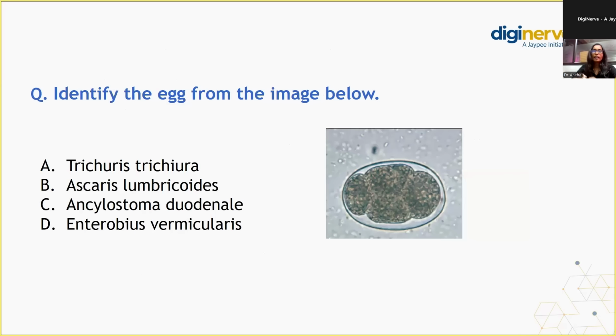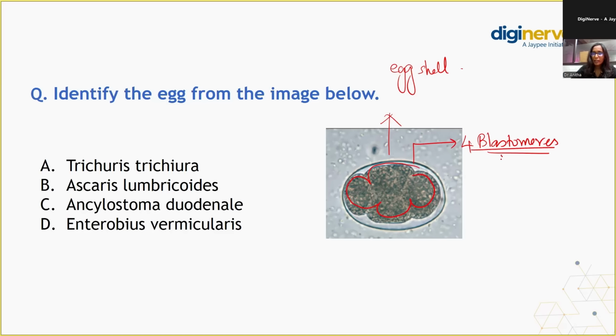Next question. Identify the egg from the image given below. This is a very straightforward question. You are able to see a clear eggshell and you are able to see 4 blastomeres.